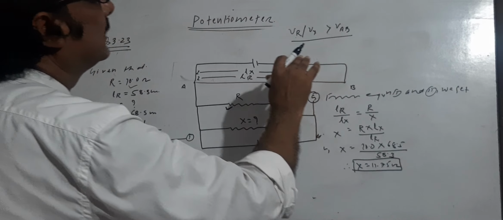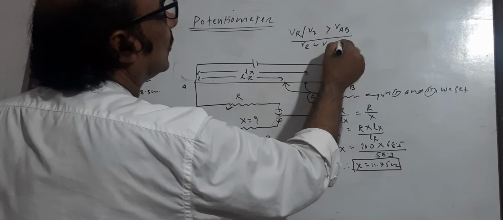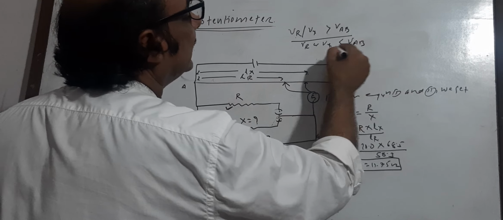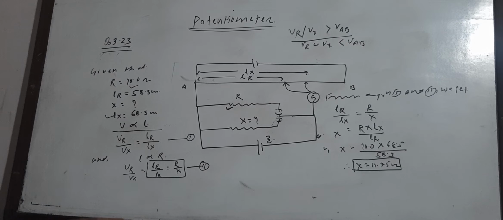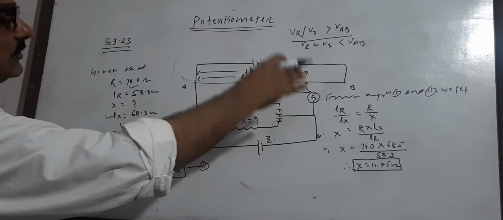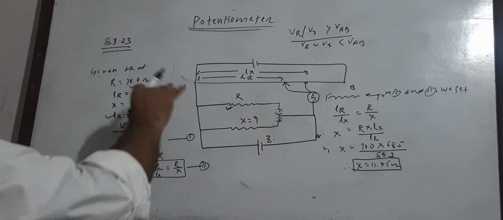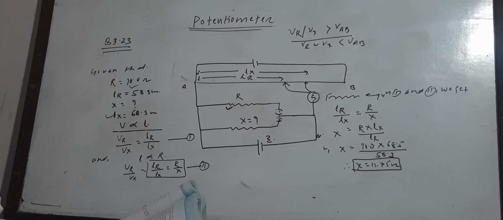So to find the balancing point, VR or Vx must always be less than VAB, and it can be possible when a suitable value of resistance is connected in series with the external resistance. So this is the reasoning of question number 3.23b.